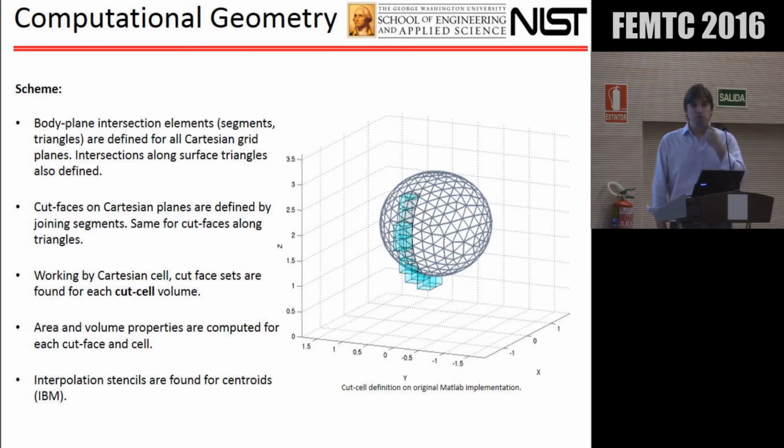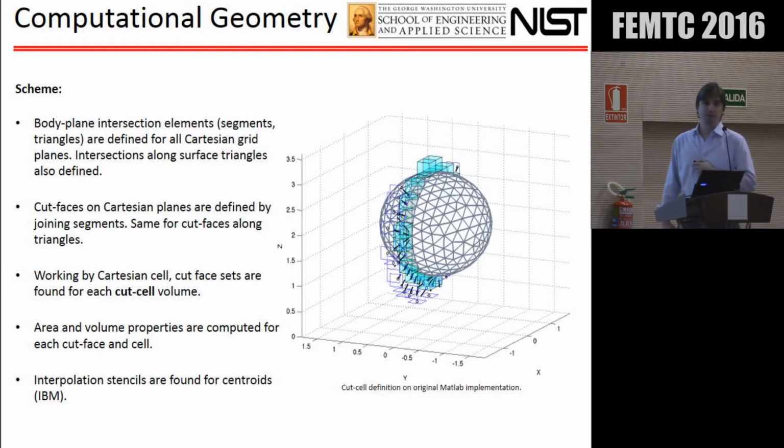And we stitch those together in order to form and define the faces or the polyhedra on each of the planes that are on the gas side but next to the object. Also, we can use those intersections in order to define faces that lie within our object surface, which we have defined to be a triangulation.